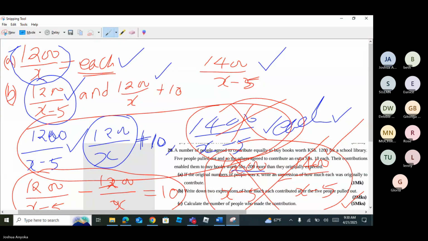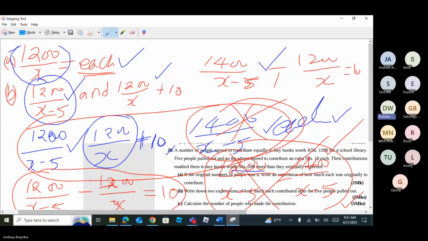Come on again. 1400 over x minus 5 minus 1200 over x is equal to 10. Okay, yeah, it can be that way. Excuse me.